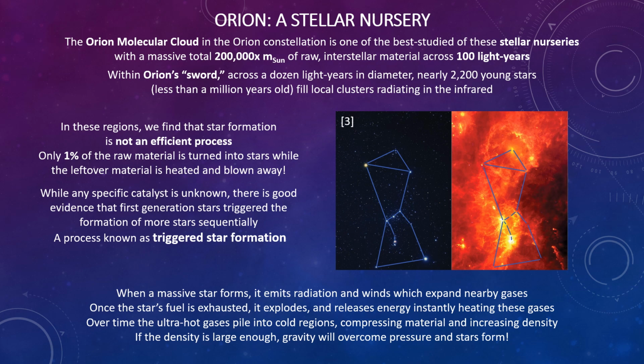And so over time, these ultra hot gas piles cool down into cold regions, which then start to slowly coalesce and the material compresses until the density has increased enough. And eventually, if the density is large enough, gravity will then take over and stars will begin to form again out of the material that was left behind by previous generations of stars.